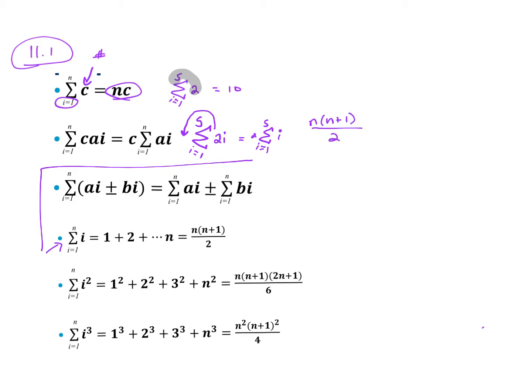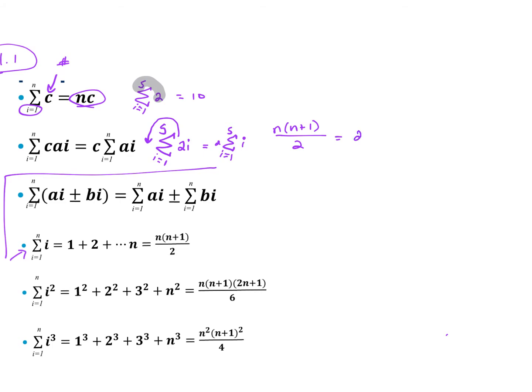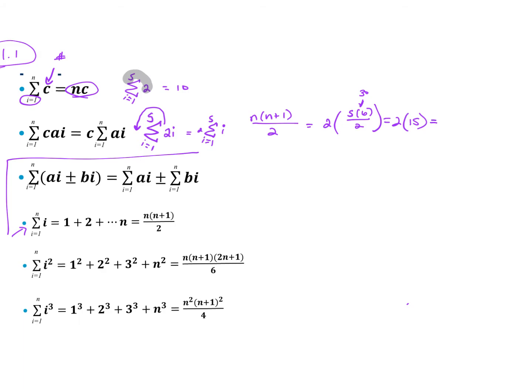So in this case, our n would be 5, because if the bottom number is 1, then the top number is our n. The 2 would still be on the front, so it would be 2 times 5 times 6 divided by 2. 2 times this is 30, divided by 2, 15. And that's 30. So if there's a number on the front of the variable, we can bring it to the front.